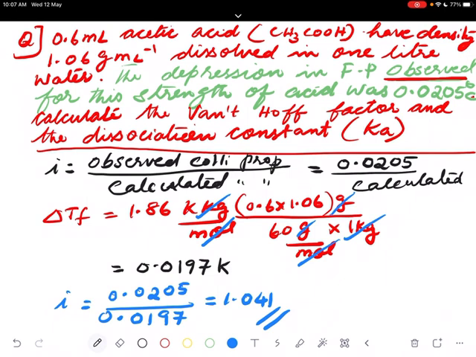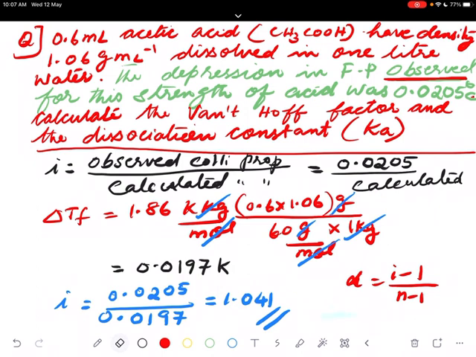Now here, this is acetic acid in water. You can use the equation alpha is equal to i minus 1 upon n minus 1, or since this is acetic acid in water, you can use i is equal to 1 plus alpha.